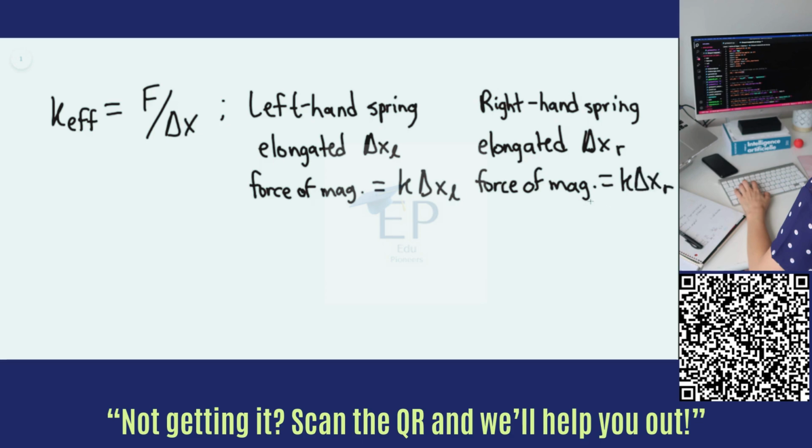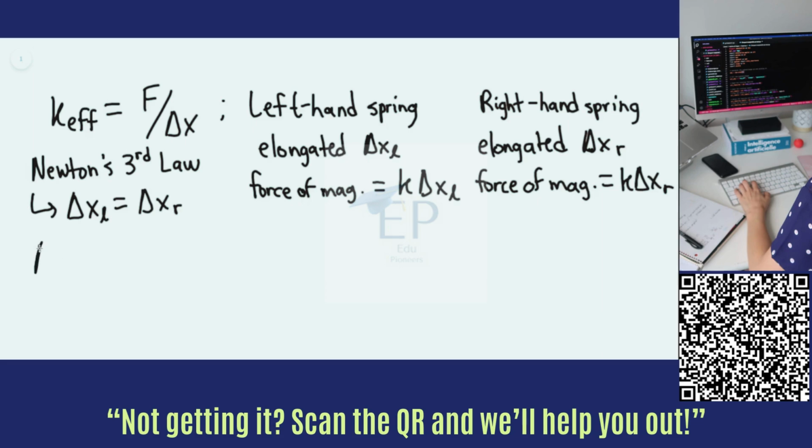Now, due to Newton's third law, these elongations must be equal. So we know that due to Newton's third law, delta x sub L is going to be equal to delta x sub R. And if that's the case, the total elongation is twice the elongation of either spring.